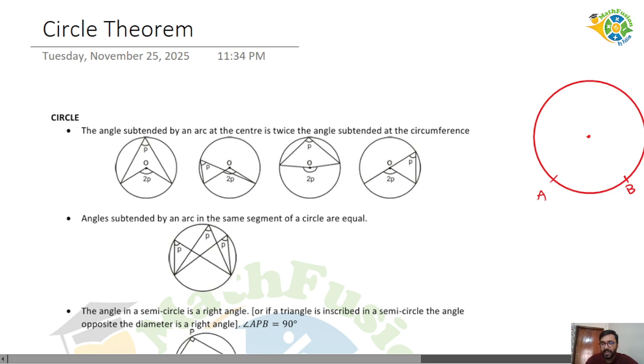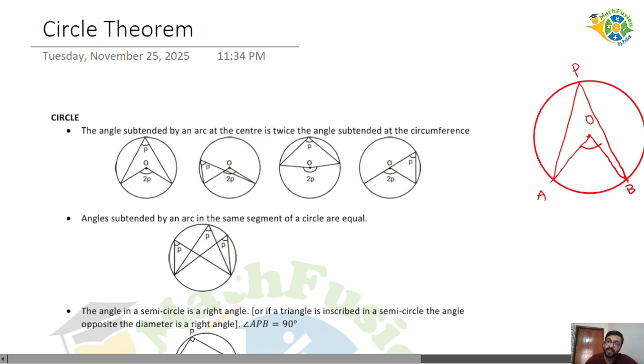So the angle at center will be AOB and angle at circumference will be APB. So if we draw an angle at the center of a circle from 2 points of the arc, it is called angle at center. And if we draw it at the circumference of a circle, it is called angle at circumference.